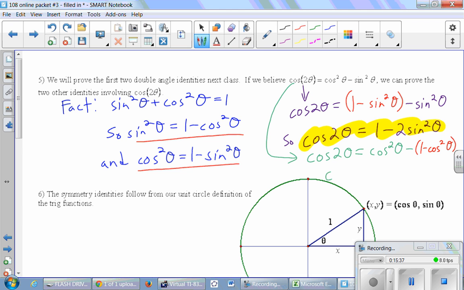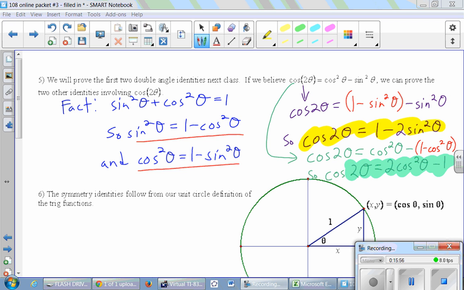And therefore, cosine of 2 theta is equal to, combining like terms here, the minus cosine squared really becomes positive cosine squared. So we have 2 cosine squared theta minus 1. And that right there is another one of the identities you can see on the previous page. So if you believe the first cosine of 2 theta identity, then the other two follow very easily.